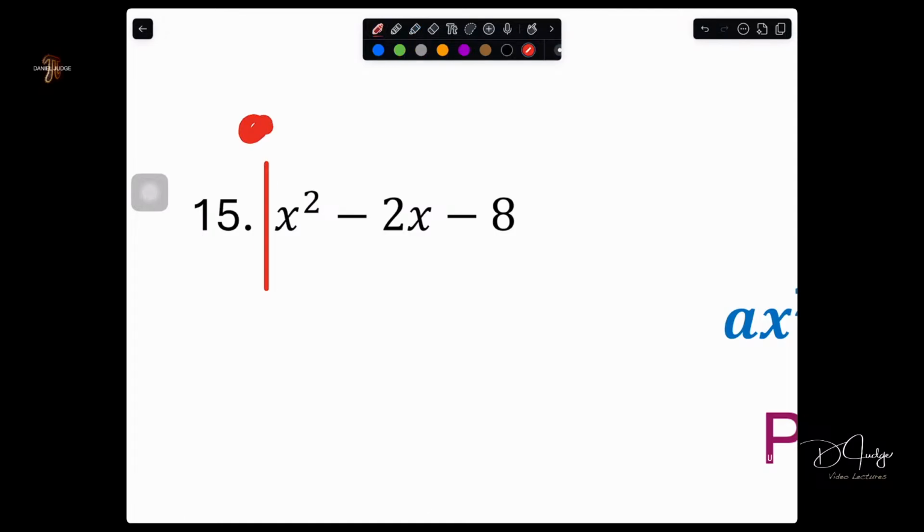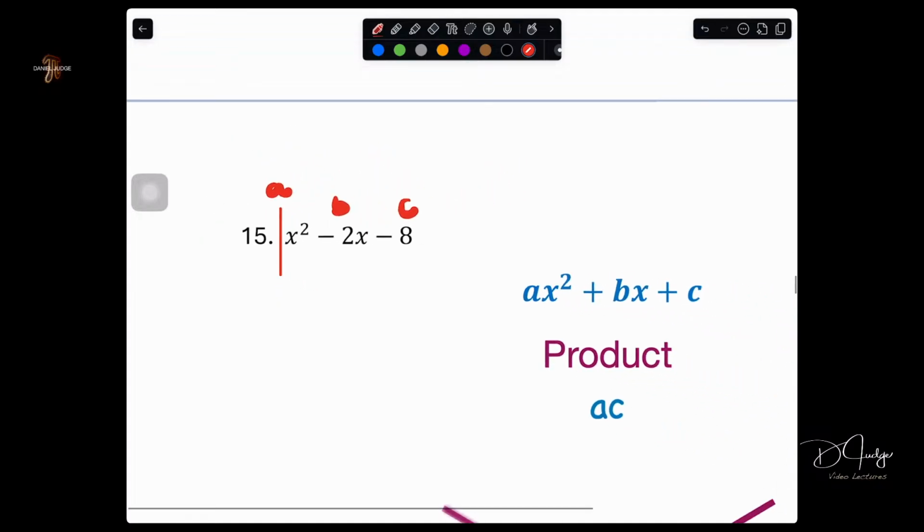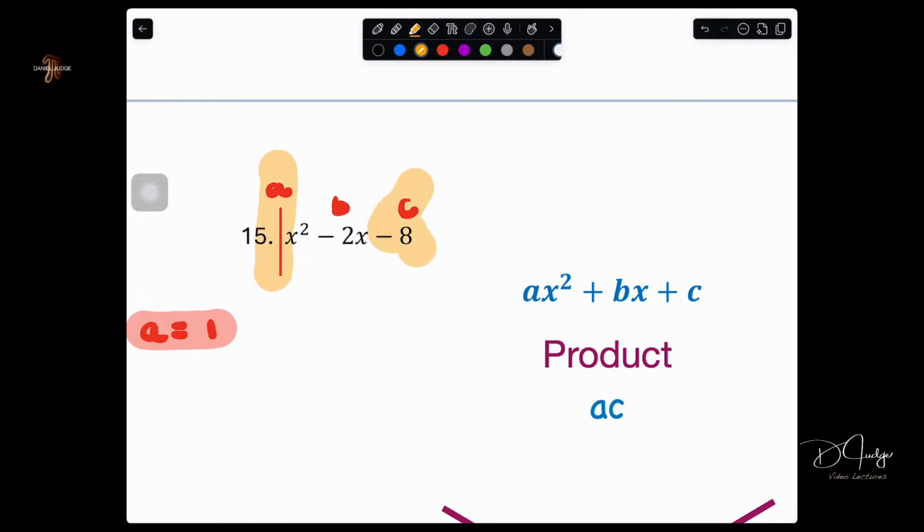This is our A value, B, and C. So I just want to remind myself, okay, A is the number 1. That's going to make things nice and simple. So 1 times negative 8 is negative 8.